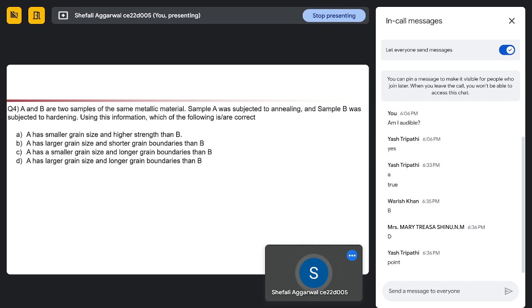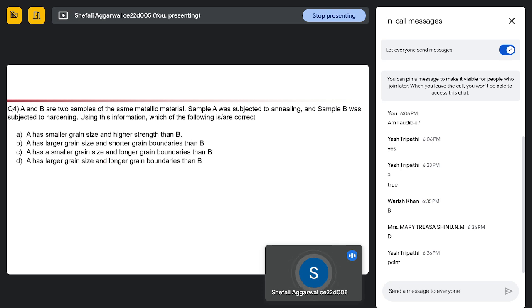Okay, so the next question is, A and B are two samples of the same metallic material. Sample A was subjected to annealing and sample B was subjected to hardening. Using this information, which of the following is or are correct?